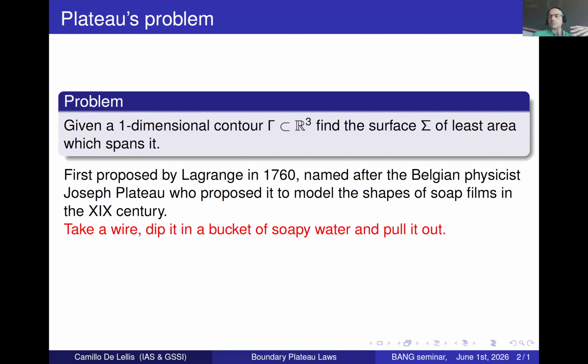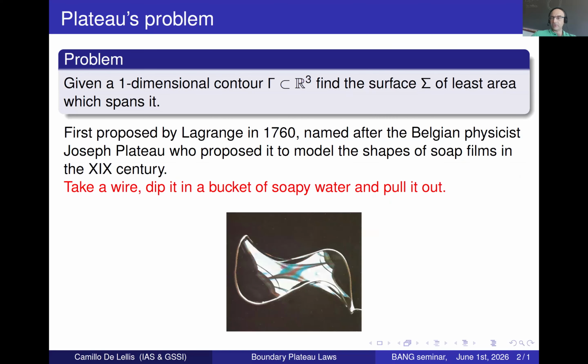Under reasonable conditions, the soapy water will form a film attached to the wire. According to Plateau, this film minimizes the area among all possible films attached to the boundary, give or take. Maybe it's a local minimum of the area, not a global minimum. But this is Plateau's thinking.